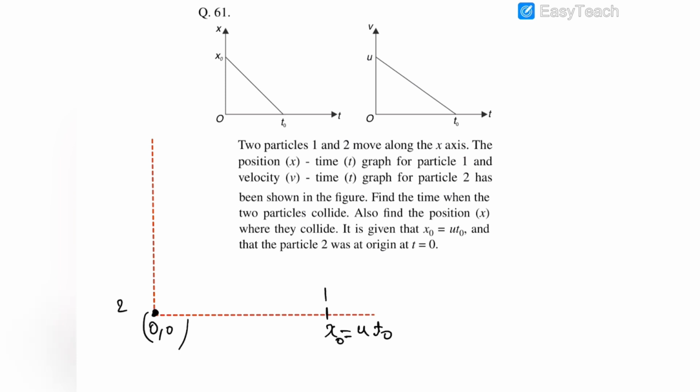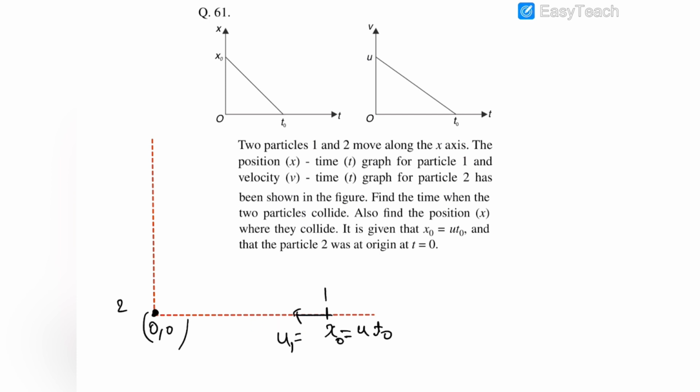The initial velocity u1 of particle 1 is the slope of this displacement time graph, and its slope is x naught by t naught with a negative sign, which means the initial velocity is in the reverse direction, the negative x-axis.